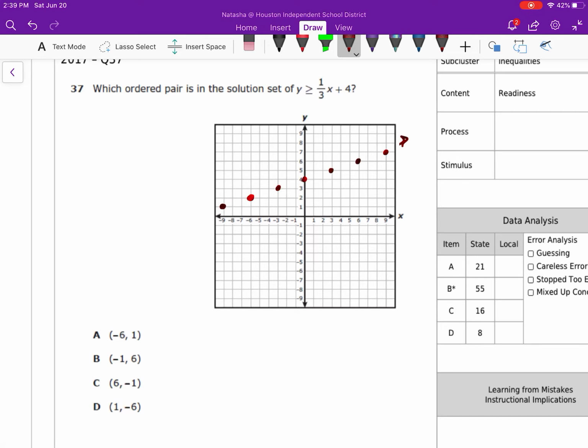So I'm going to try to be as perfect as I can. And let's see which side of this graph we're going to shade. So we've got 0 greater than or equal to 4. 0 is not greater than or equal to 4. So we're going to shade above.